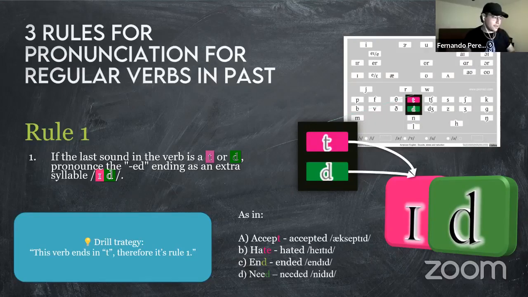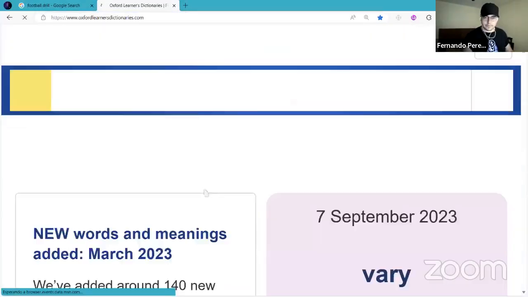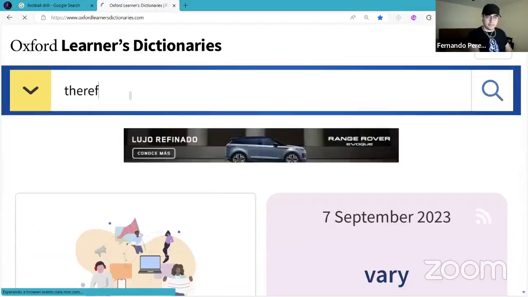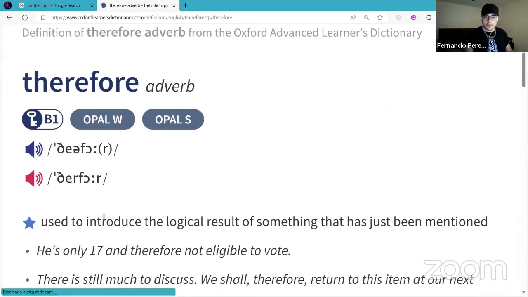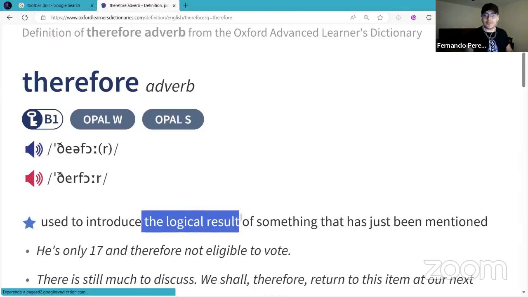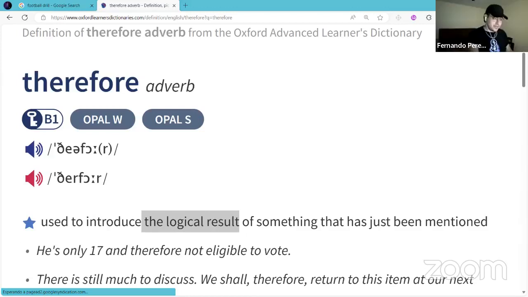The expression therefore is because. Therefore, used to introduce the logical result of something. So we are talking about logic, English logic.